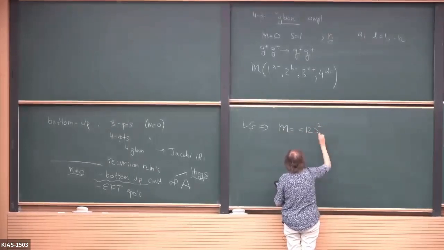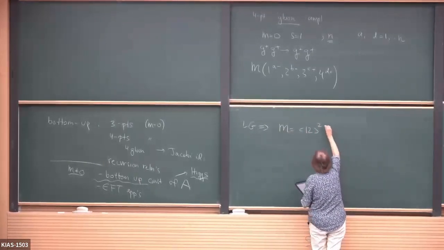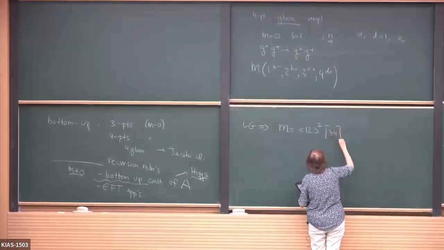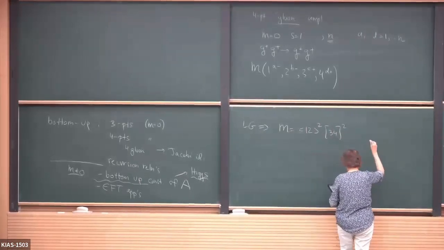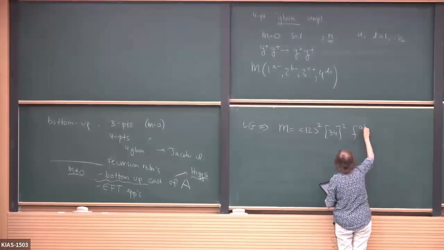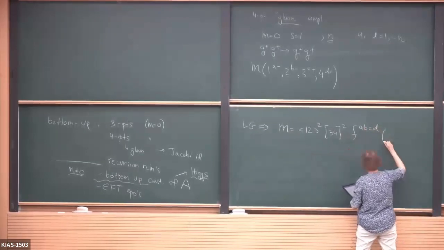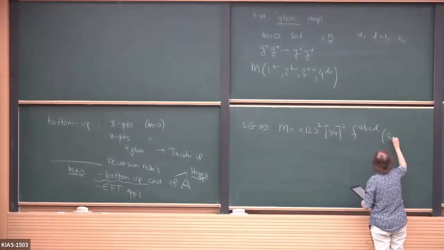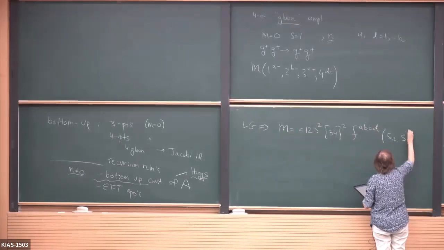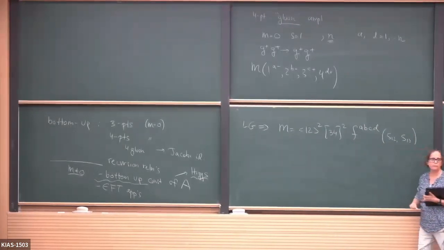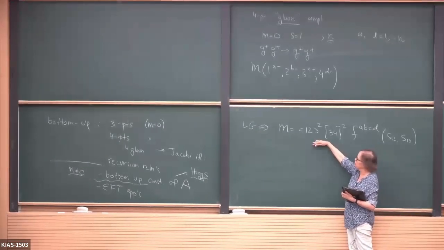It has to have ⟨12⟩², [34]², and then there is some function f^{abcd} of S12 and S13, for example. So this is specified by the little group.